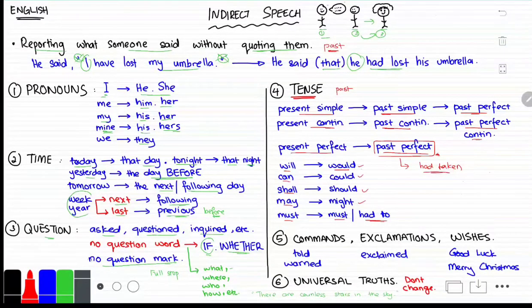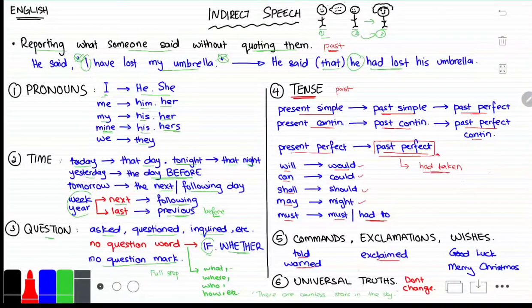All right? What about commands, exclamations, and wishes? For commands, we can say "told" or "warned." For example, if somebody says to Tom, "Lie down, Tom," it becomes "he told Tom to lie down." Exclamations can be "exclaimed." For example, "What a dreadful idea" or "How dreadful" changes to "he exclaimed that it was a dreadful idea."